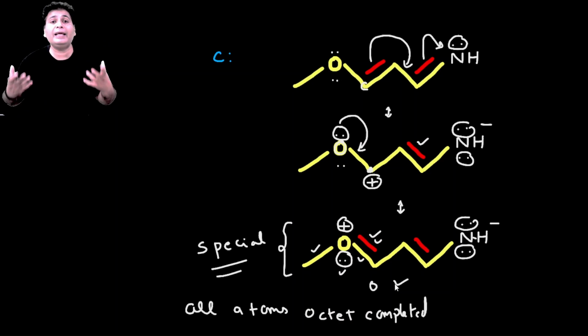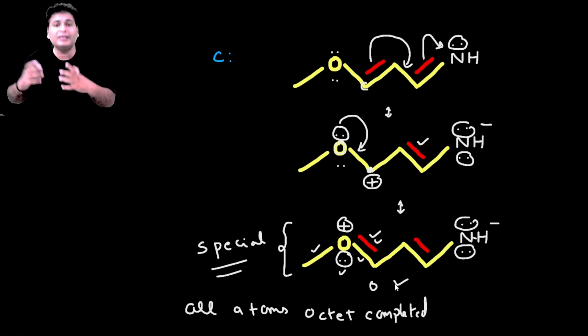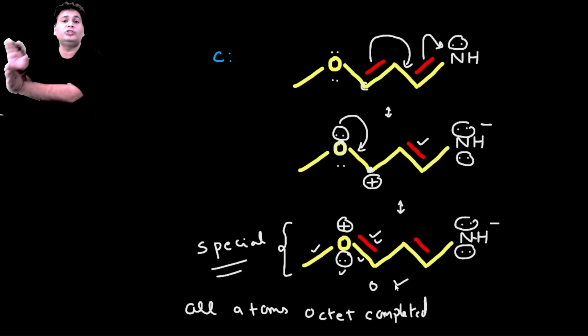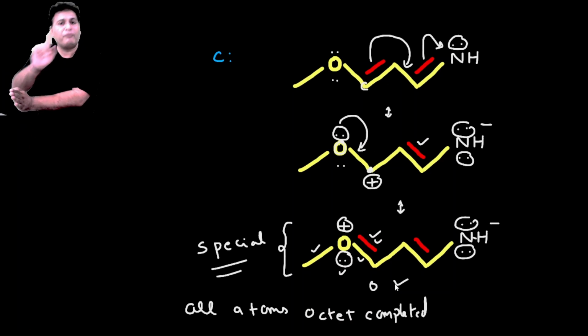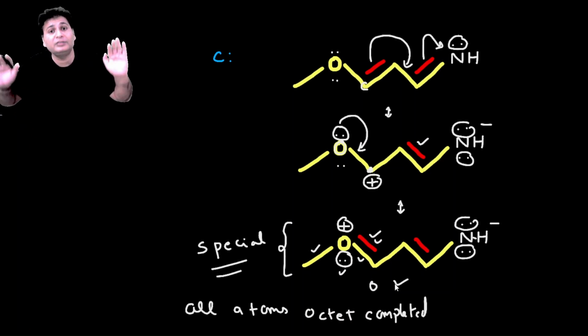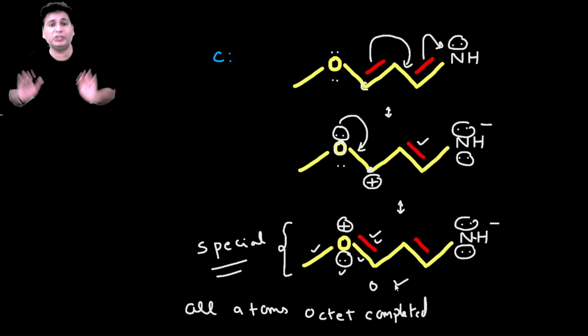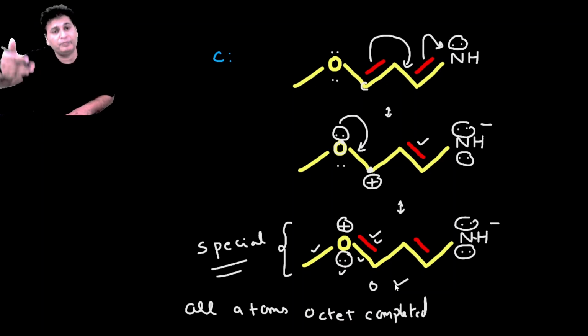So that is an extra stability factor remaining in the case C, that the resonance has given the nitrogen extra benefit of one lone pair, and apart from that, all atoms have octet completion. So it's the best structure till now we have read, if we compare A, B and C.